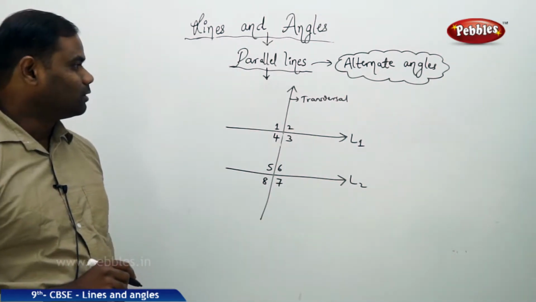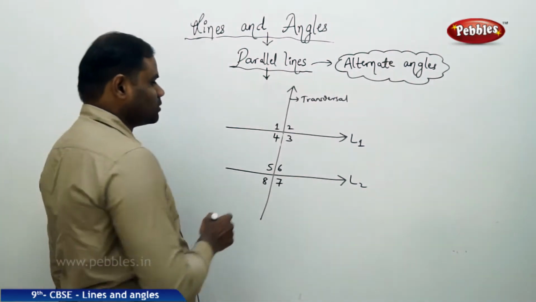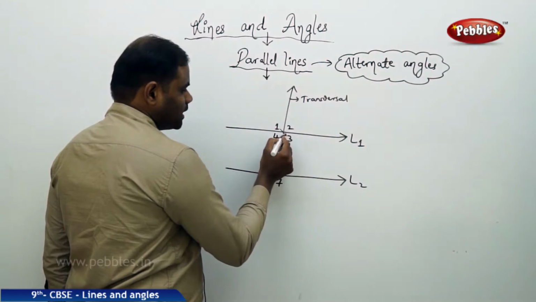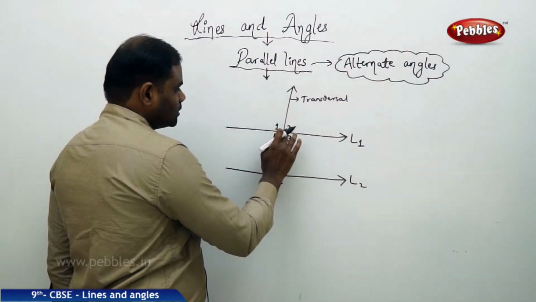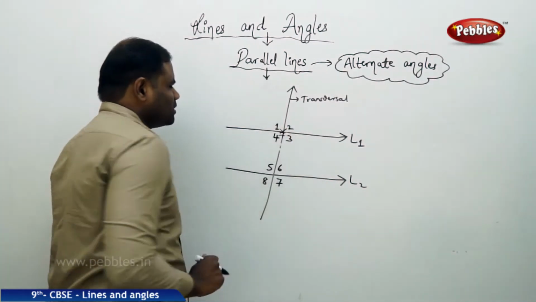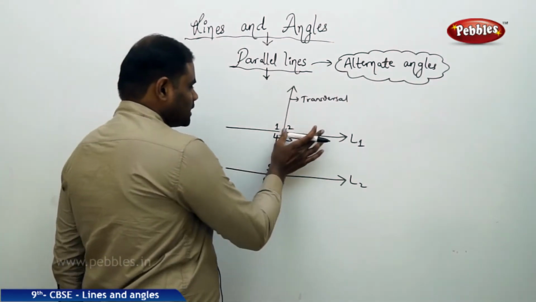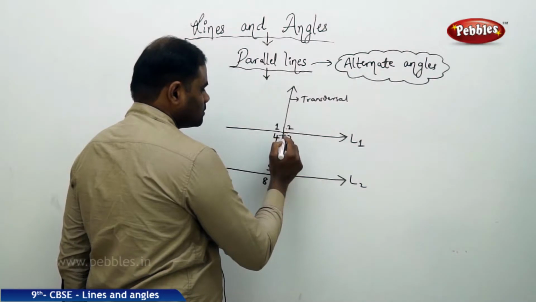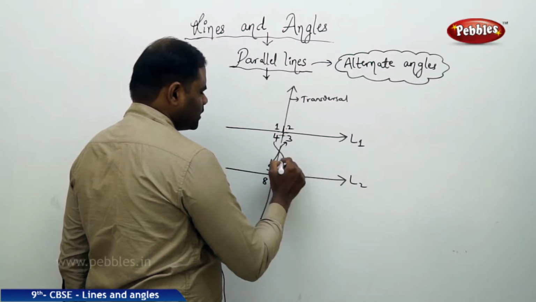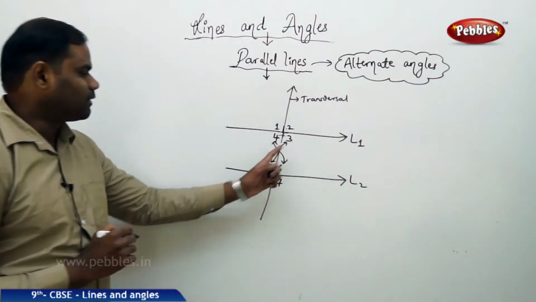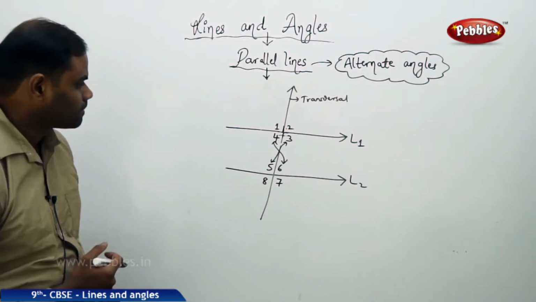Here we call alternate angles those which are on opposite sides of the transversal. So clearly this is alternate to this and this is alternate to this. So 3 and 5 are alternate, and 4 and 6 are alternate to each other.